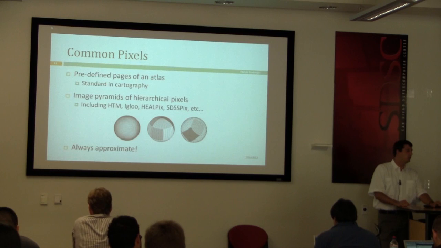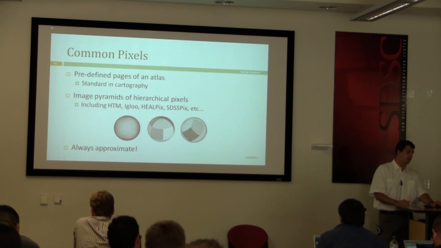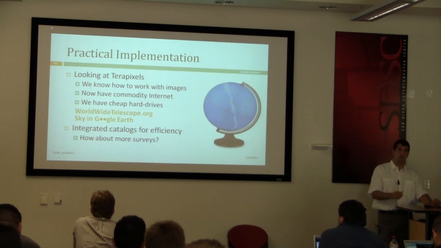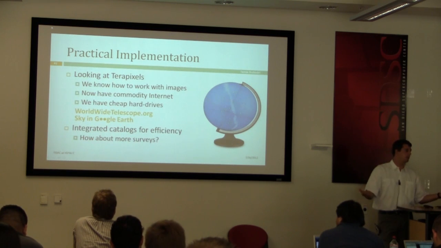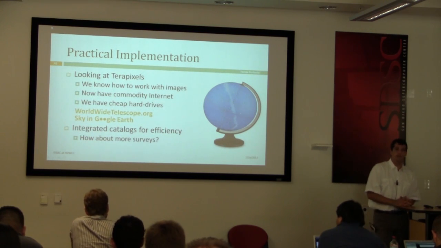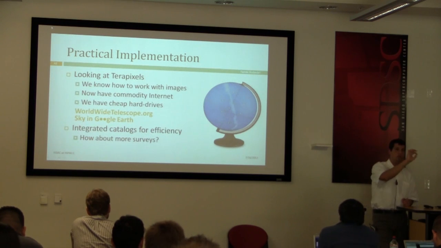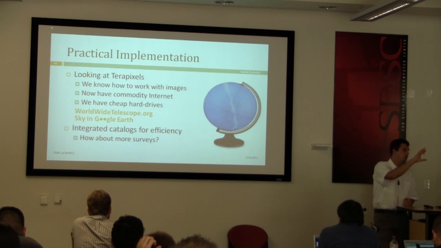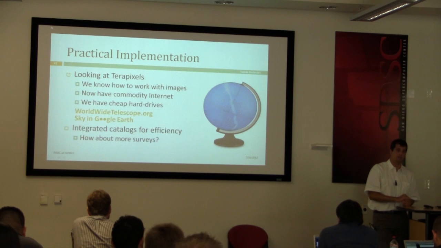Right? So the standard way to deal with these kinds of things is what Google or Virtual Earth does. You create this image pyramid, and you create a service that goes with it. So people can go to this website or go to this service and look up things. You can point your viewport to San Diego and look at San Diego, or you look at Andromeda and you look at Andromeda.